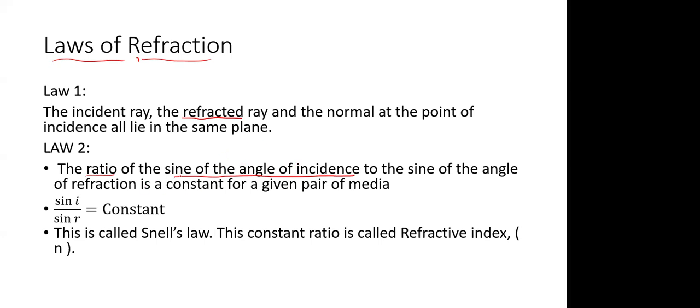So we shall have sine i to sine r. When I'm talking about ratio, we always have the word to. So this is our sine of i, and this one is our sine of r. And you need to be very clear that this is always equal to a constant for a given pair of media, meaning that this one is equal to a constant.